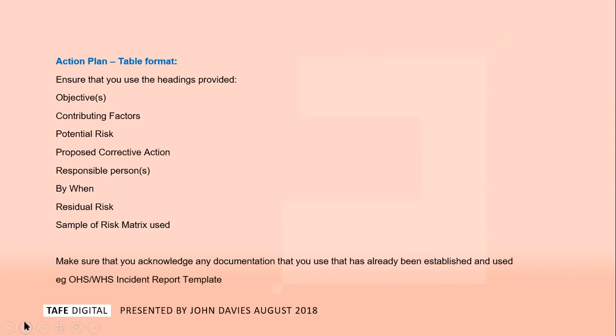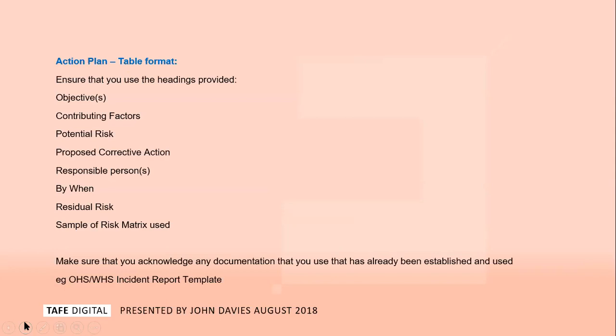Contributing factors: list all contributing factors identified from root cause analysis. Keep in mind the incidents and injuries caused are determined by persons, material, management systems, machine and plant, methods, and the environment.